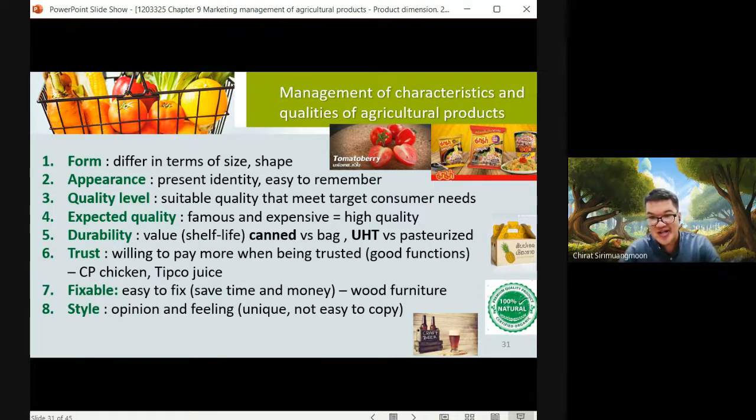This is a good product, and this is different. If you need a unique taste, please drink my beer. Oh, I forgot, 100% natural is actually the quality level. Many agricultural products have a label on the product to remind you this is the guarantee or the quality level.